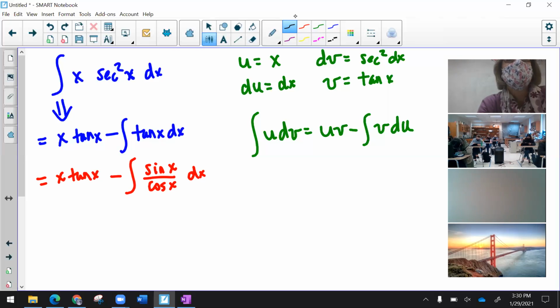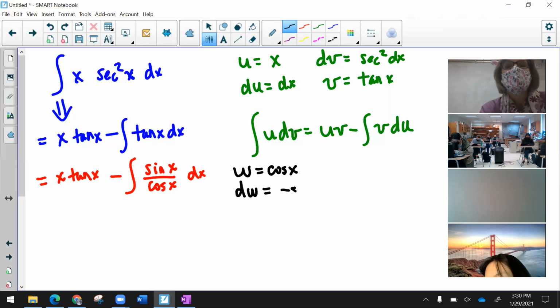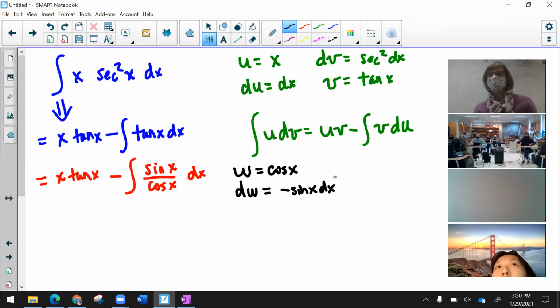Where do we look for u's? In the denominator. I'm going to let it be a w, so it's a w substitution because we already have a u. What if you let w be equal to cosine x? What would dw be equal to? Negative sine x dx. Do you have that? Yeah. Okay.